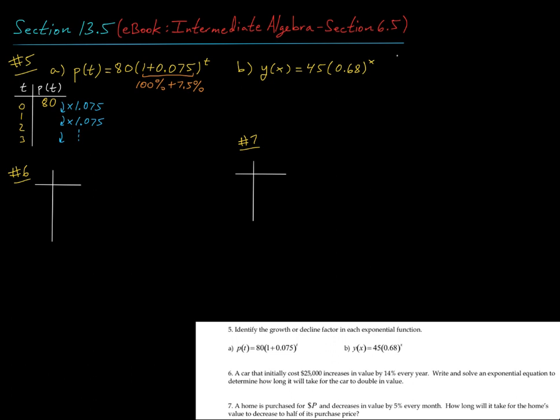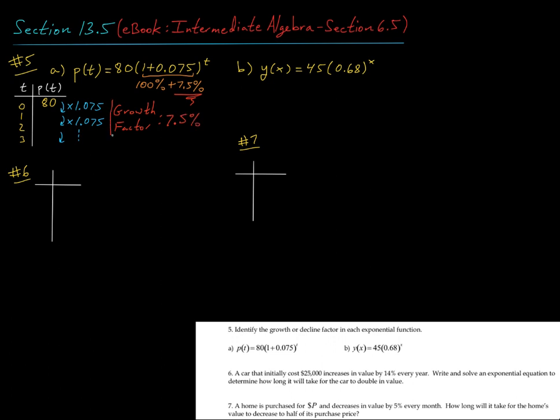So in total, I'm going to be increasing the previous year's value by 7.5% if I multiply by 1.075. So we call this the growth factor. So our growth factor for this function is 7.5%.